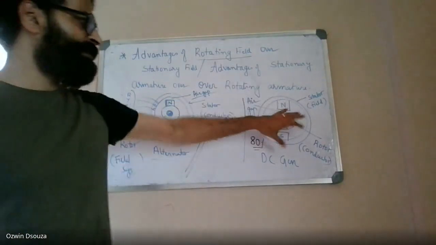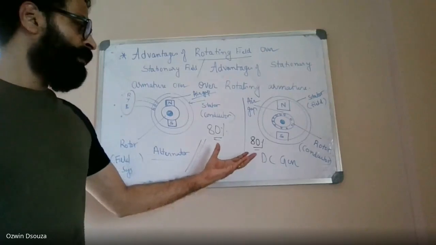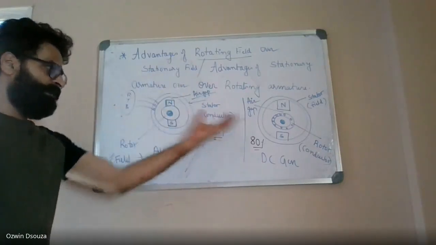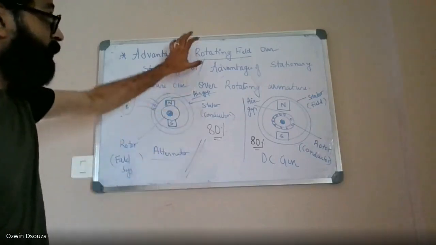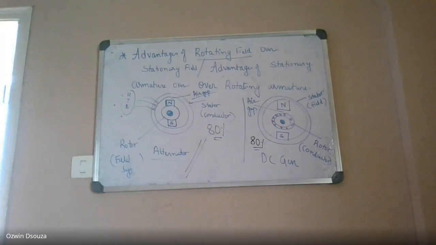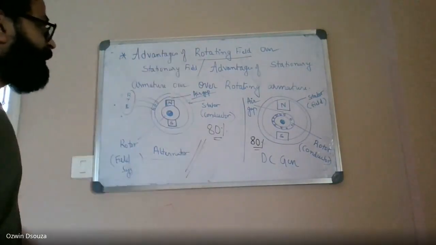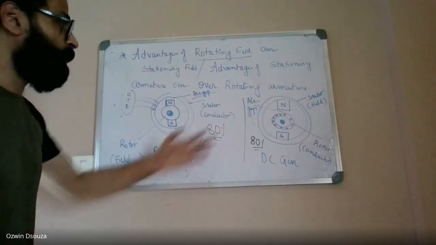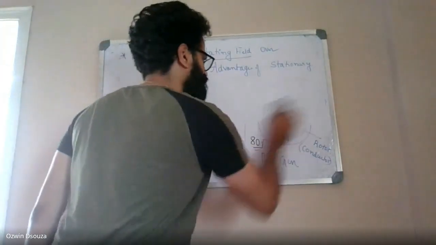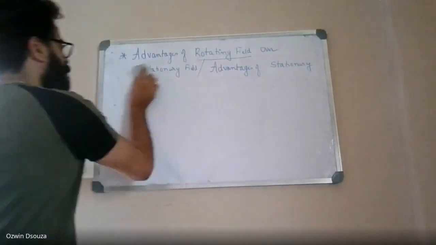Though the setup was giving the same efficiency, what made the designer go for a different setup? That is our point of discussion. What advantages are you going to get if you go for a rotating field over a stationary field? Let us look at these advantages one by one.